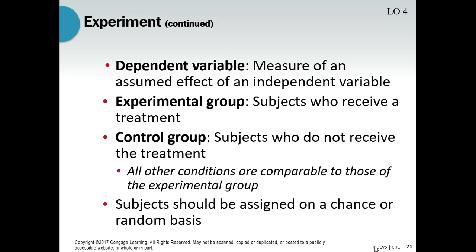They both went down together. There was no difference. But if I see that my experimental group went down in anxiety and my control group did not go down in anxiety, then I know now that my independent variable did affect the dependent variable.